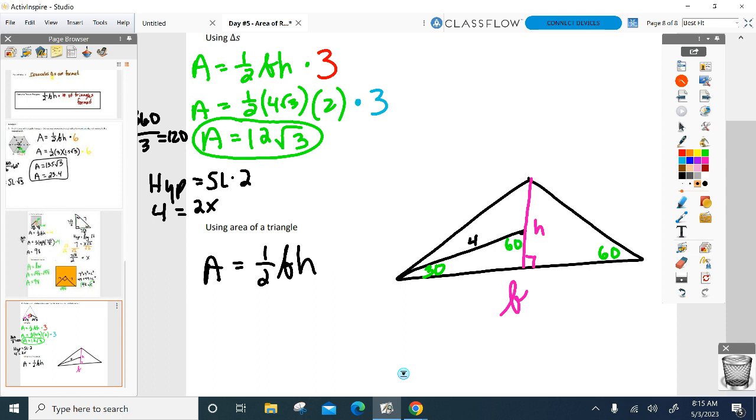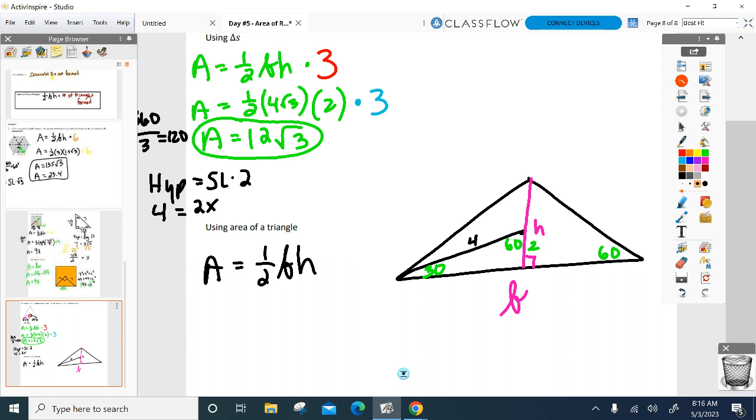And this is going to run into what we just did over here. I'm going to go through this a little bit quicker than the last one. If that's 4, across from the 30 is 2, right? How long is this piece here, from the center up?